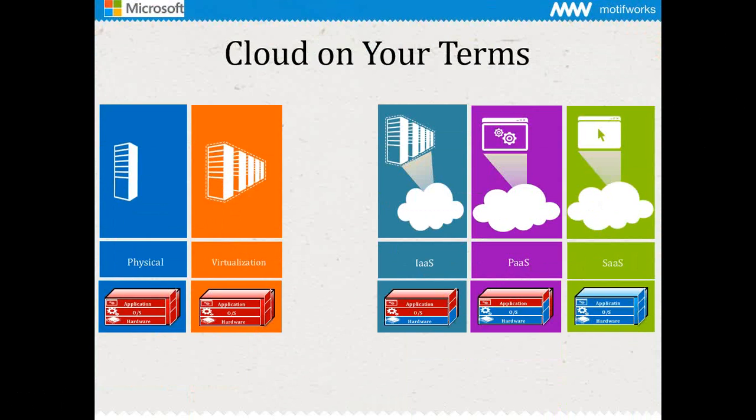Now if we start on the far right with software as a service, you can really think of that as Microsoft's Office 365 offering. In that model, you have control over your data and which users have access to what. But the application, the operating system, and the underlying hardware and infrastructure are all maintained by Microsoft, and it's pretty much hands-off.